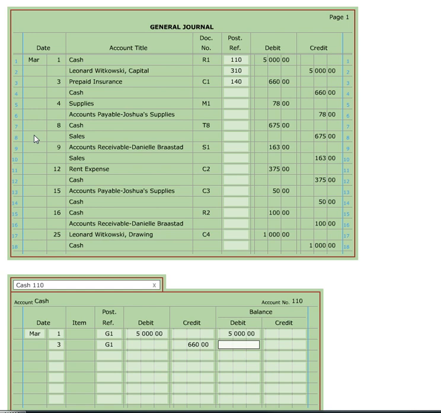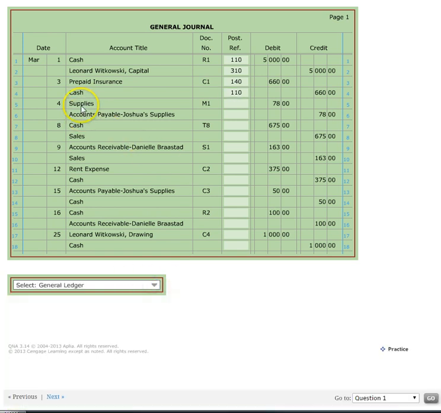I have $5,000, so 5,000 minus 660, and I don't have a calculator quite handy, but 5,000 minus 660. So now my balance is $4,340. Show that you posted that to 110. Okay, and then close this one.